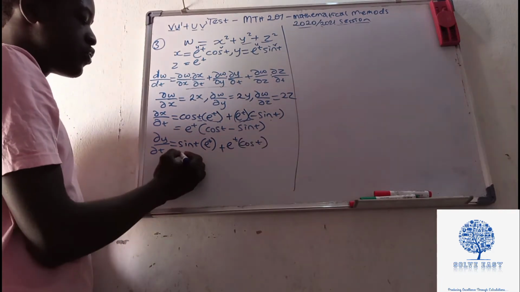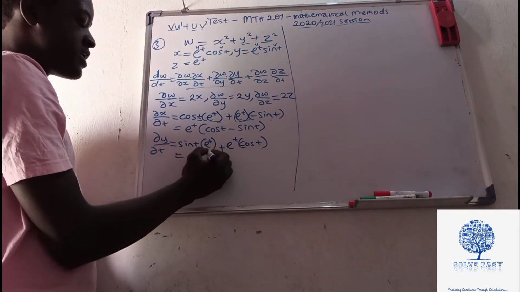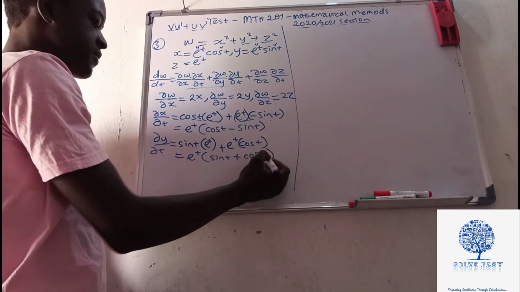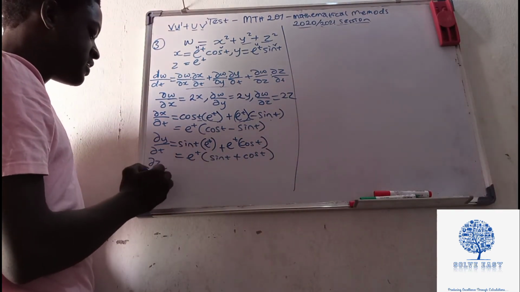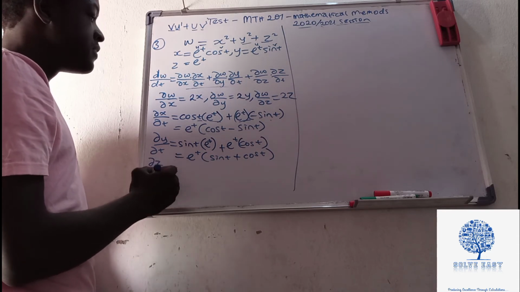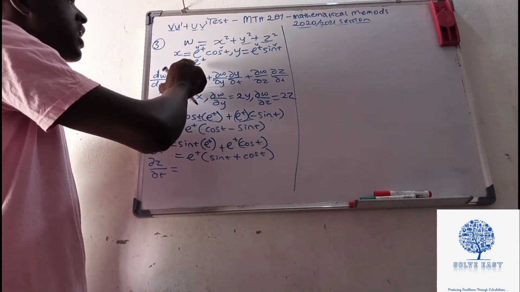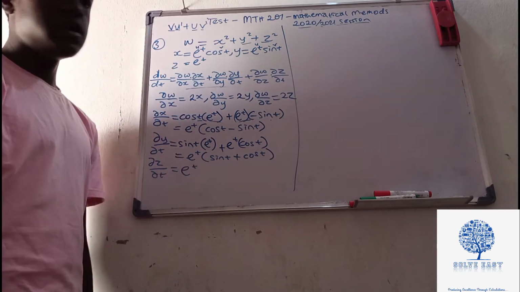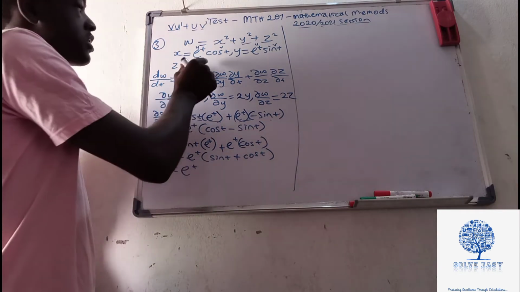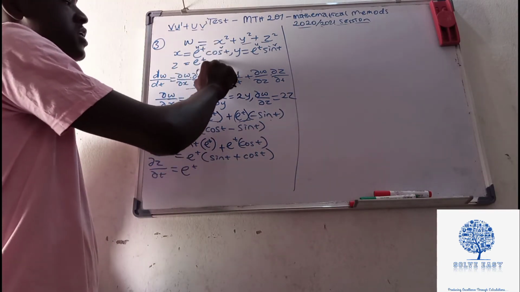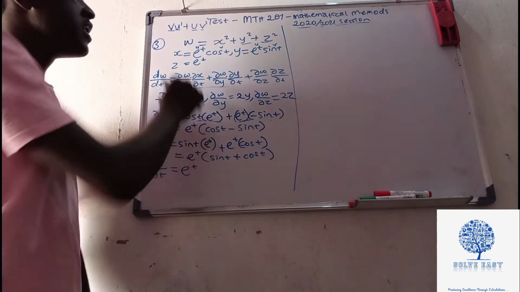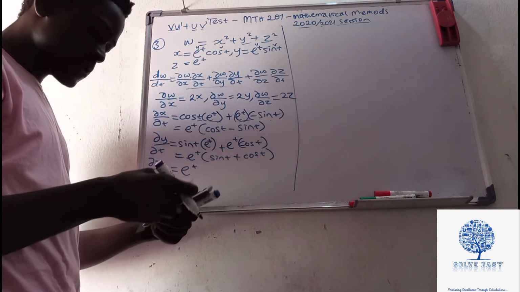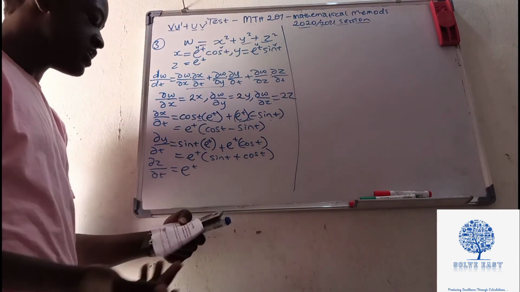All this together, we could take out e^t, and we have e^t (sin t plus cos t). Now for dz/dt, differentiating z with respect to t. If we differentiate e^t, we still have e^t, because this is just a variable on its own, not the same as e^t cos t and e^t sin t. So differentiating e^t with respect to t gives us e^t.